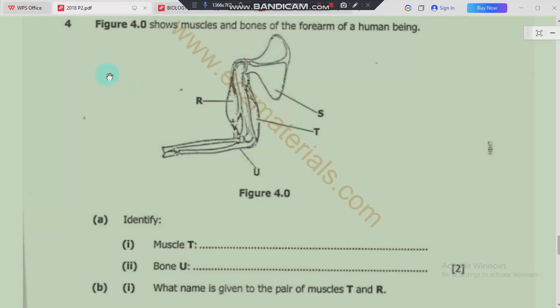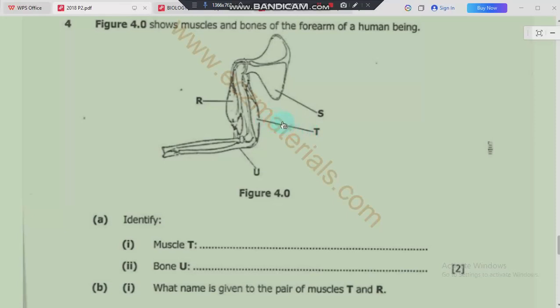So here is the question. The question says, identify from this bone of the forearm of a human being, identify muscle T. So they want you to identify this muscle T. This muscle T is known as the extensor muscle, which is also known as the triceps.